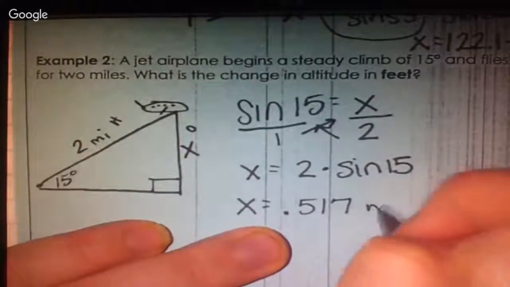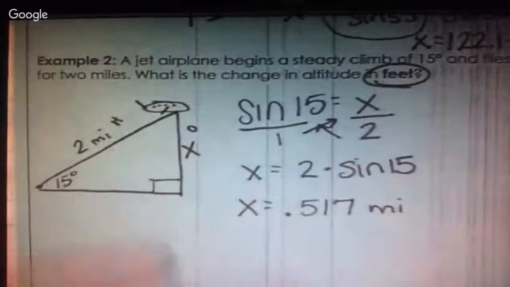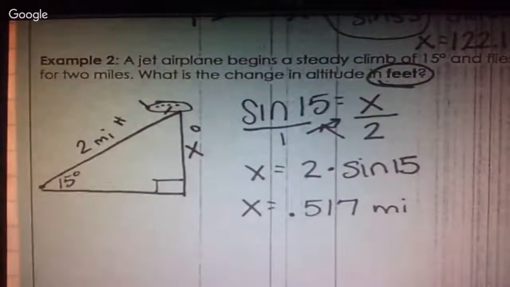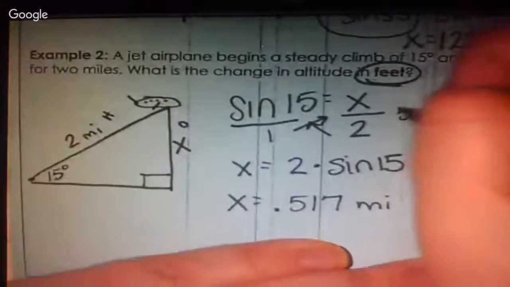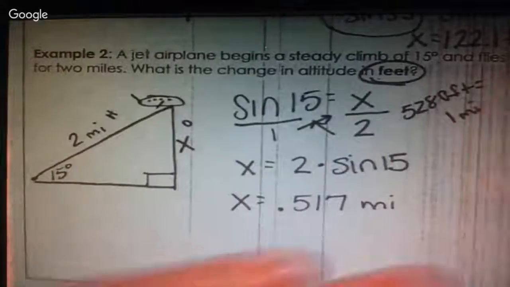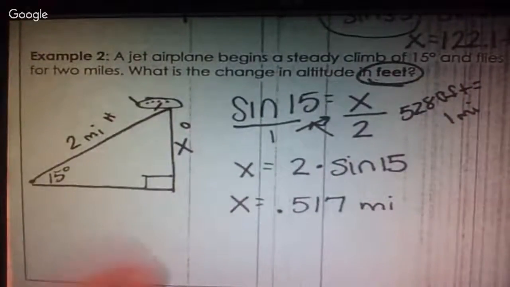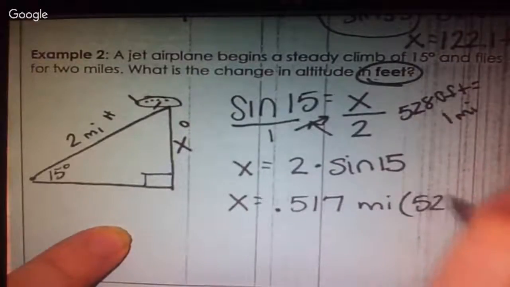This is in miles. They want it in feet. How do I fix that? There are 5,280 feet in a mile. 5,280 feet equals 1 mile. So what do I need to do with this to get it in feet? Multiply it by 5,280.